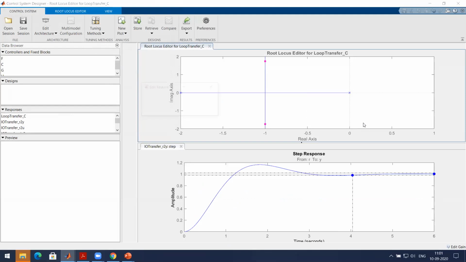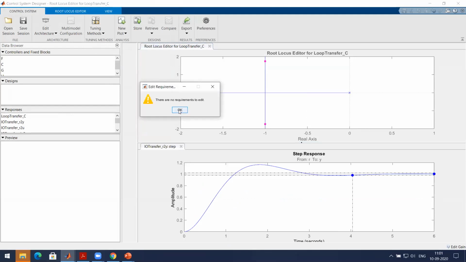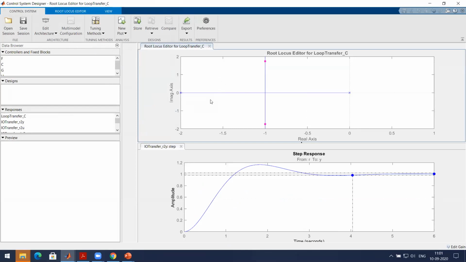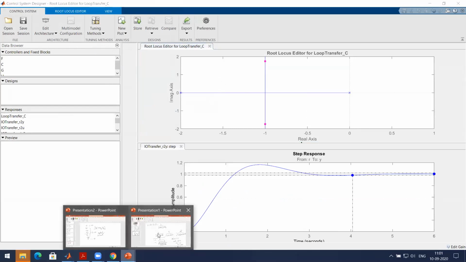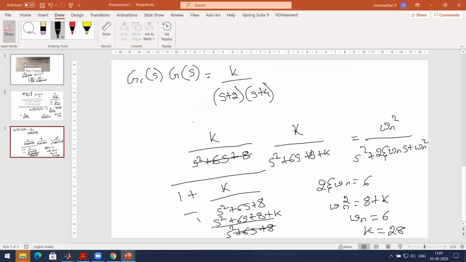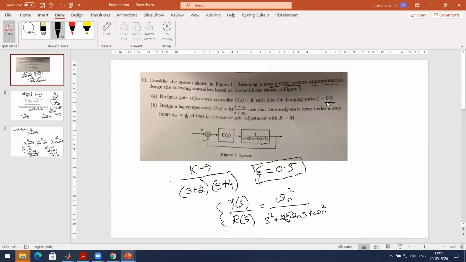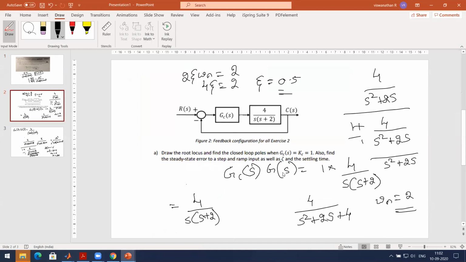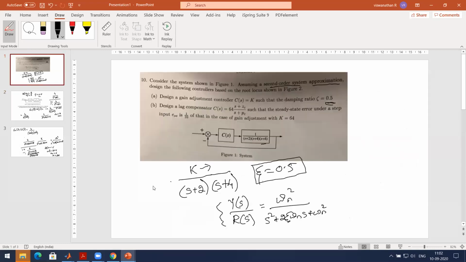Not for this one. For the other problem, we gave the design requirement for zeta equal to 0.5. For the first problem, we gave the design requirement. For the second problem, we found out what is zeta. So how do you give a design requirement?